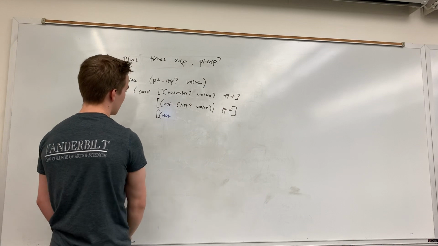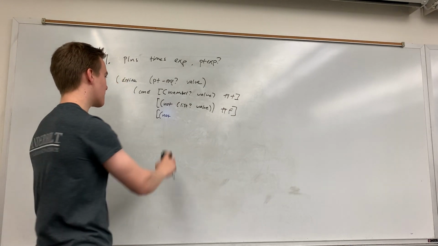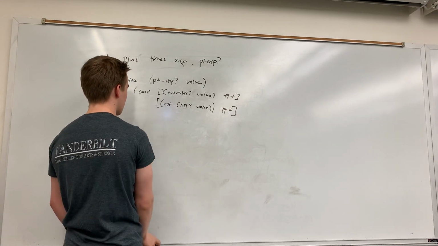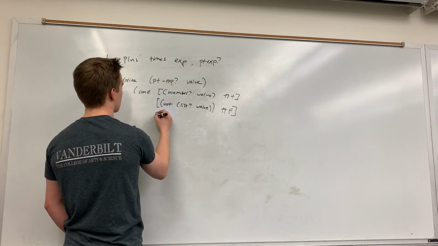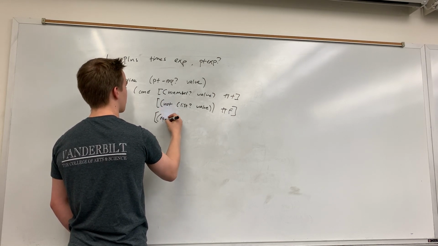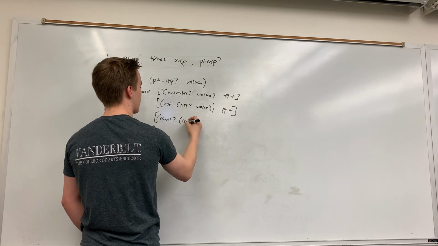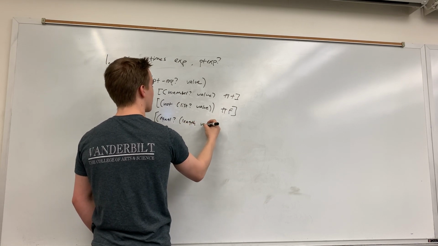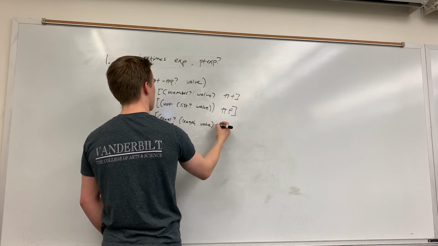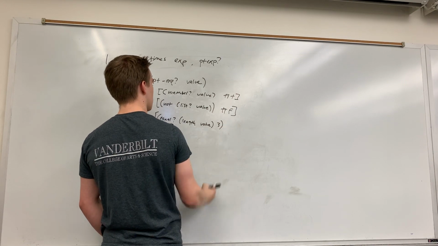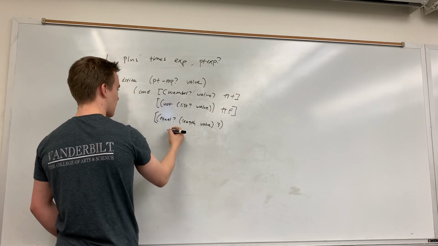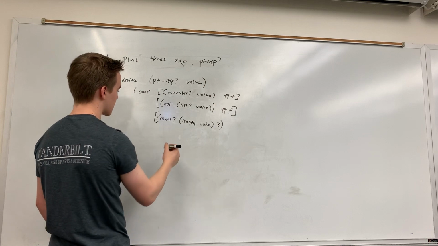How about I check if the list length is equal to 3, then I'll do some stuff and I'll have an else false. So here I'll say equal, length value, 3. Then let's see, what's the most efficient way to do this?